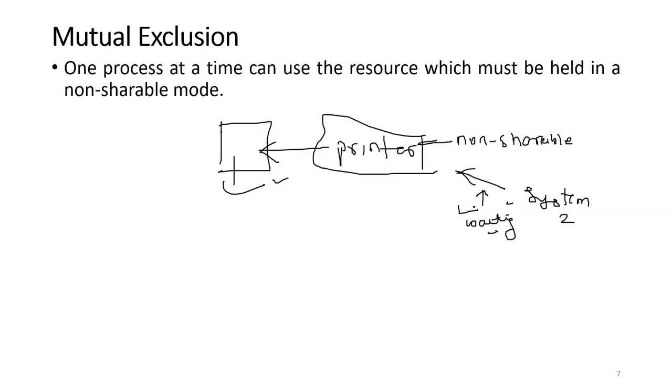In this case, deadlock will occur. Means system 2 will get the printer after the printer is released by system 1. So this condition is known as deadlock. Means that the printer will be used by one process only at a time. So that is the meaning of mutual exclusion.